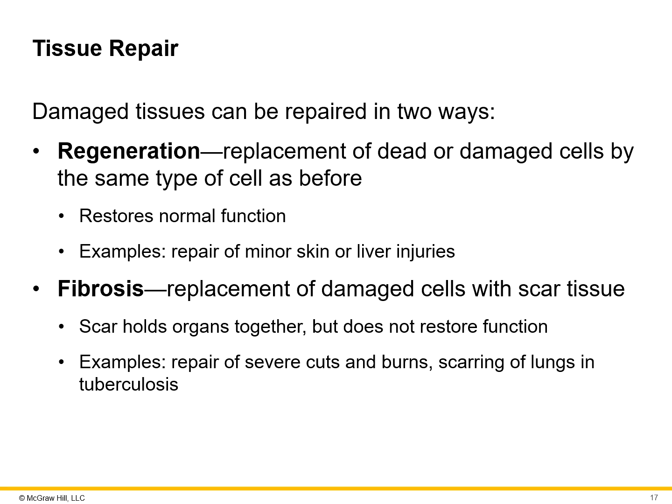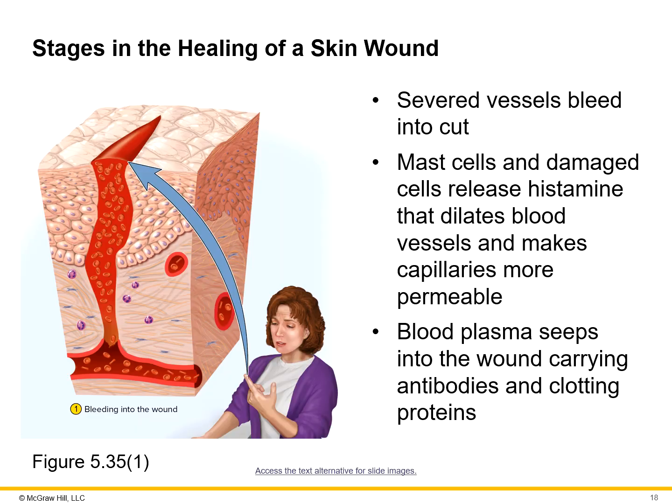The scar tissue will be put in instead that can hold the tissue or the organ together, but it's not going to restore the function, right? So if you have a severe cut or a burn, or if there's tuberculosis and there's scarring of the lungs, the tissue is not going to have the same features and structures as the original, and so it's going to have an impaired function.